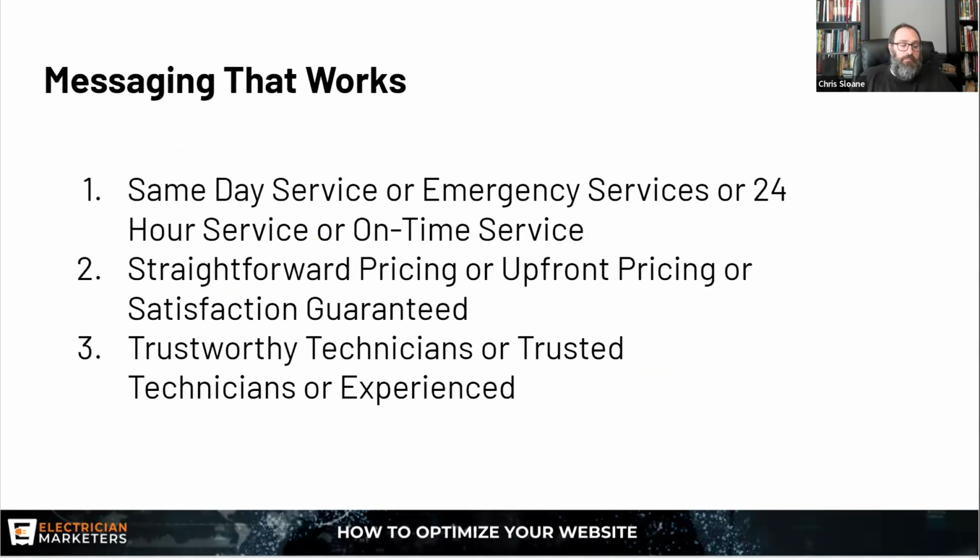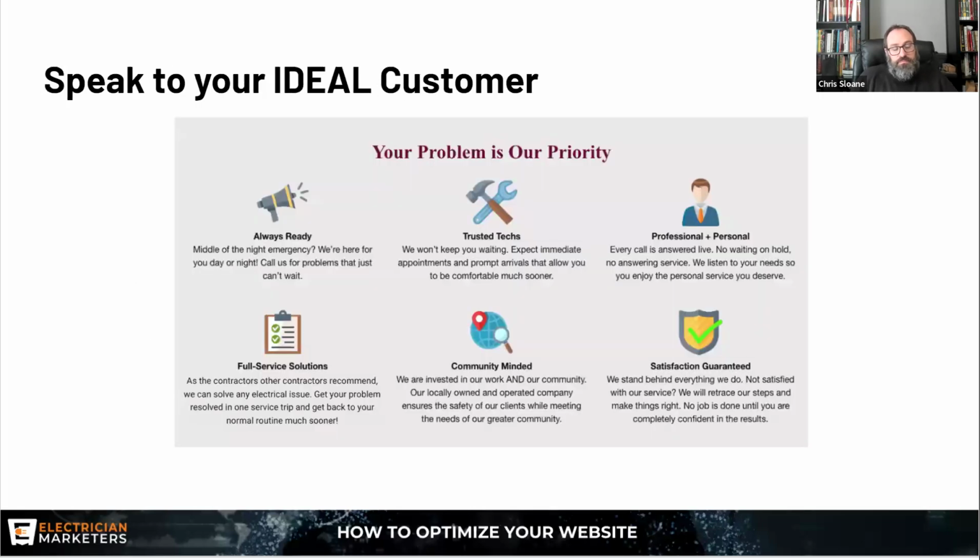Site wide, consider this in your messaging. A lot of customers are going to be coming to you probably on emergency service calls. Okay. They're going to want to see things like same day service, emergency services, 24-hour service, and so forth. So put that messaging on your website. Okay. And then in other areas, on your homepage or as customers scroll, keep speaking to them. Now granted, the homepage is difficult if you have service and whole home, right?